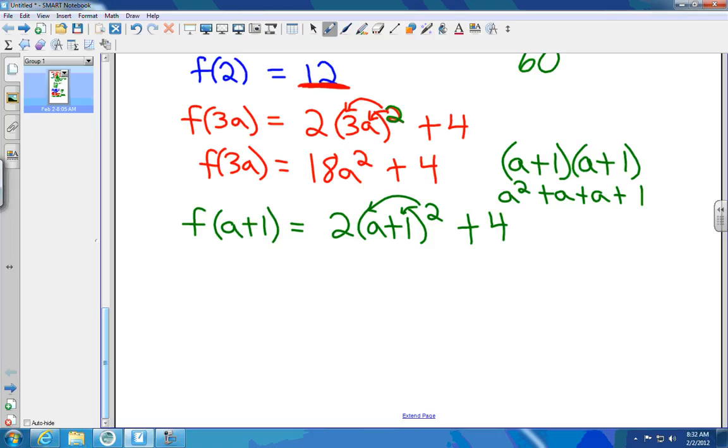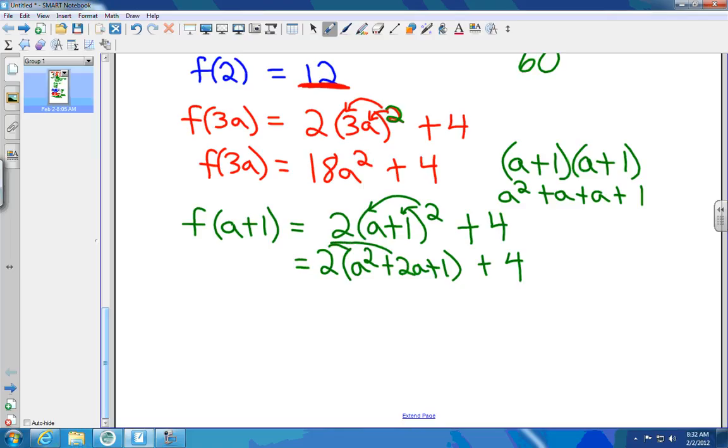And we combine those 2 in the middle to give you 2 a's in the middle. So we have this 2, plugging in that we just did, a plus 2a plus 1 plus 4. And then what do we need to do? Distribute the 2 to everything.